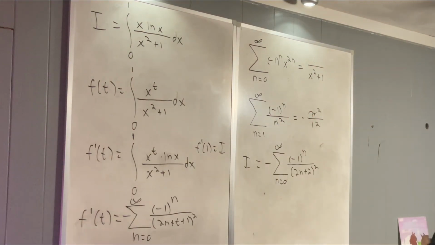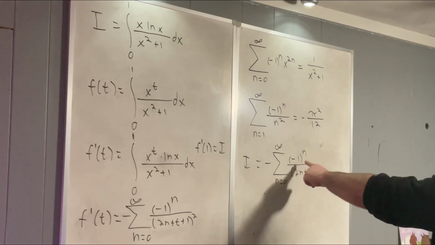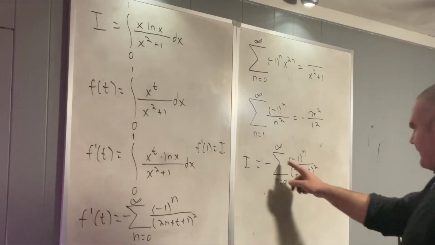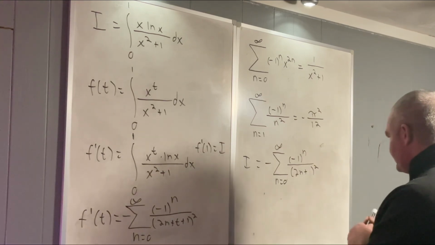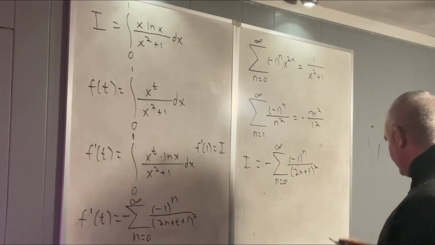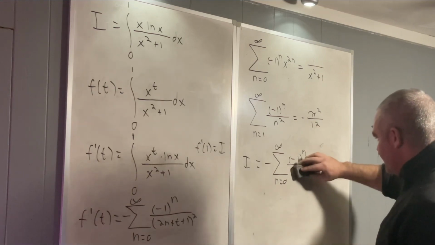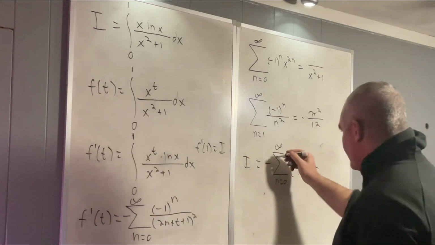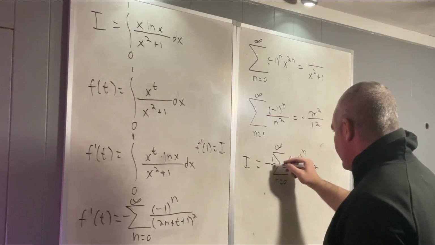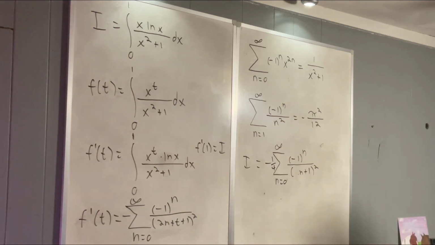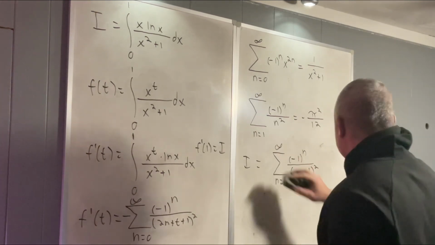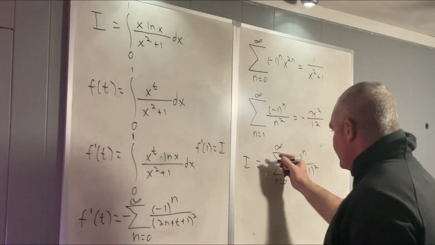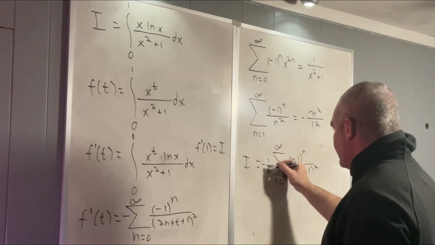Let's see. We could get rid of these 2's by factoring out a 1/4. So let's do that. It's become an n plus 1 squared. And we'll have 1/4 on the outside. Let me rewrite that a little bit neater. -1/4.